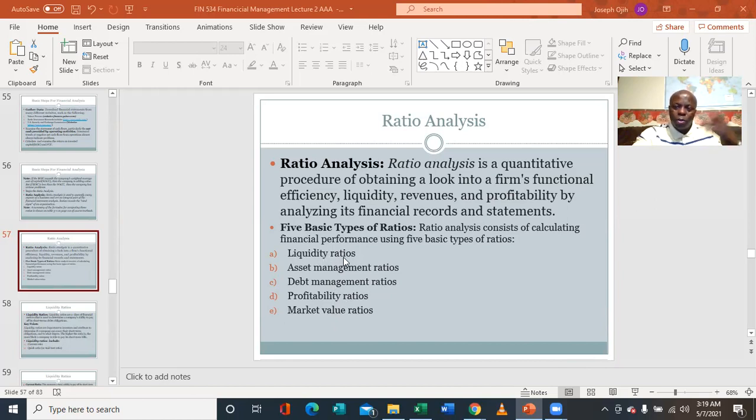In subsequent classes, we'll talk about the other ratios. And when we finish that, we'll go into something else about corporate finance. Anyway, let's continue.